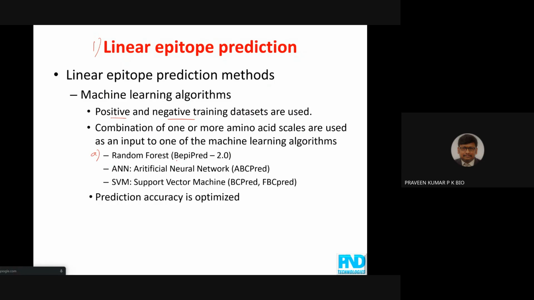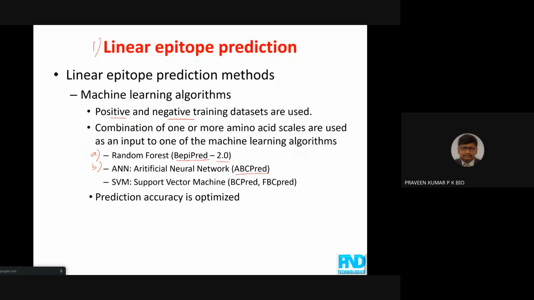There is one B cell epitope predictor we call BepiPred 2.0. We also have BepiPred alone, that is, whatever BepiPred initially mentioned is 1.0. We also have specifically a version called 2.0. Both work under the random forest machine learning technique. And the second one is the artificial neural network.